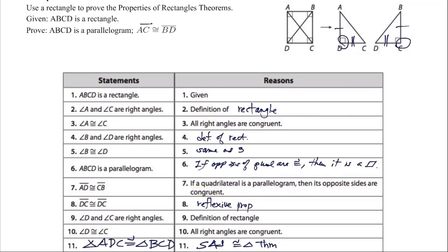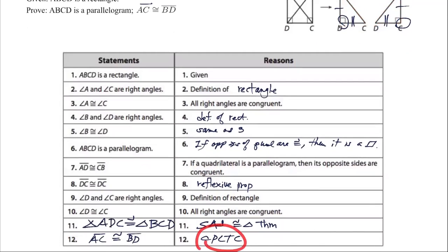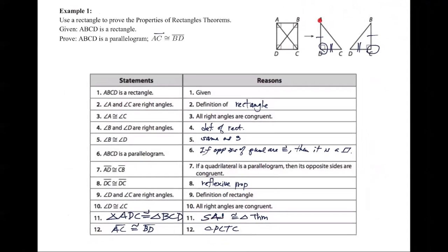So we know these two sides are congruent, and these two are congruent, and they're both right angles, D and C, and they're congruent to each other. So these two triangles are congruent by side angle side. And by CPCTC, AC therefore has to be the same as BD. There you go, guys. Not too bad, is it?